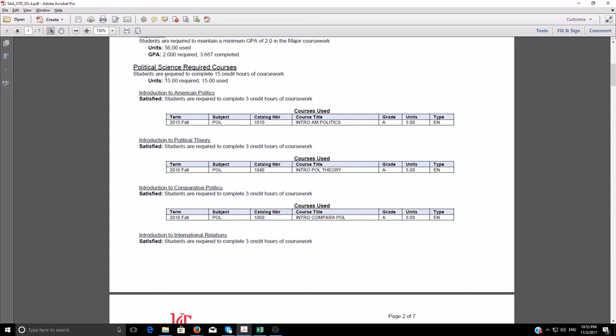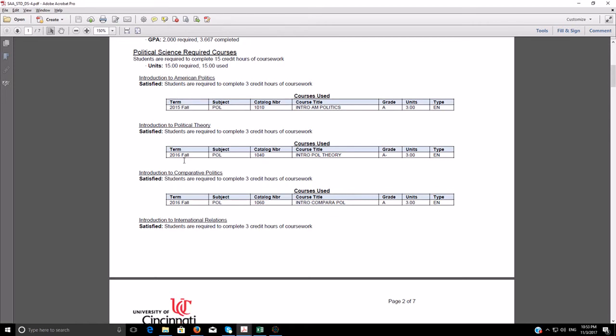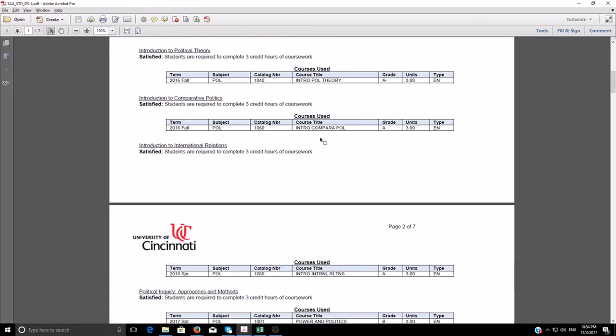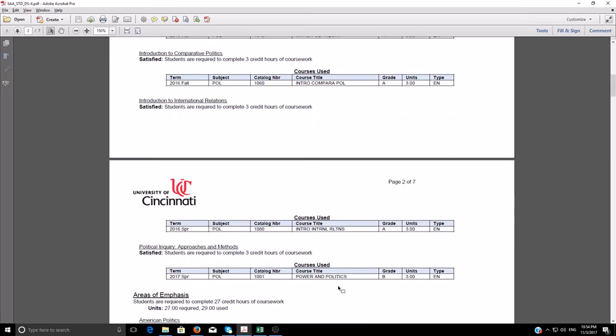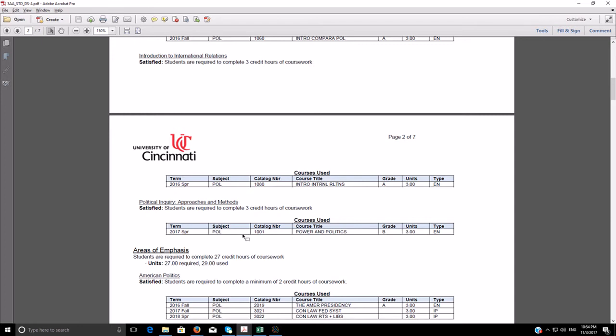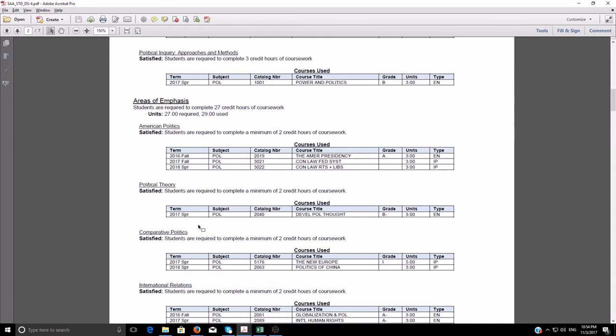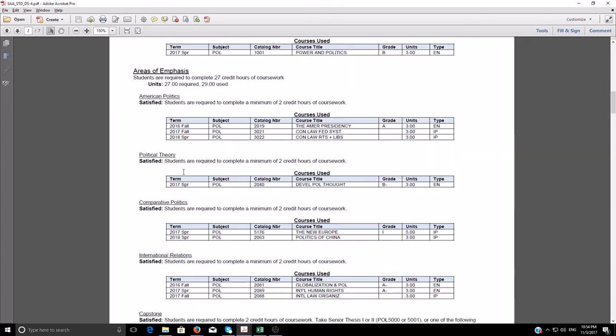Now, the audit that I have as an example here shows you that all the four introductory courses are completed. The student has completed Political Science 1001, Power and Politics, Understanding the Political World, as a part of their approaches and methods requirement, and they have already accumulated more than what they require, 29 given the required 27 hours in the area of emphasis.